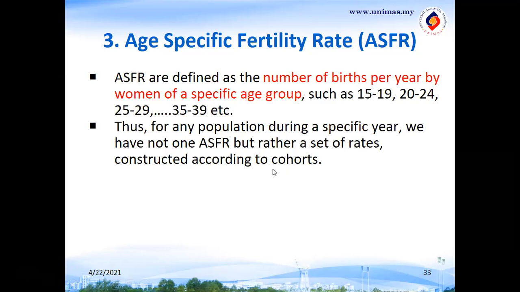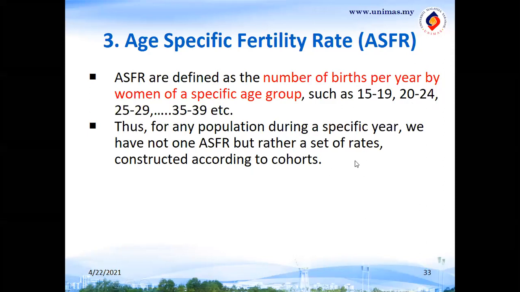So for any population during a specific year, we have not one big fertility rate, but rather a set of rates, according to how many categories or different groups you have. For example, 15 to 19 is one, 20 to 24 is another, 25 to 29, 30 to 34, 35 to 39, and 40 to 44.